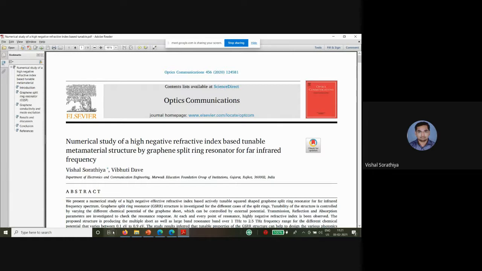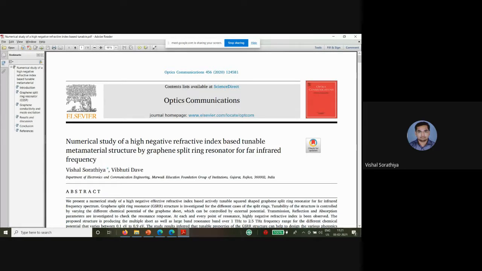Whenever you see any article, there is some information you can get directly, which is the title of that particular research. The title will give you the idea of what the overall research is about. For example, "Numerical study of high negative refractive index based tunable metamaterial structure by graphene splitting resonator for far infrared frequency."